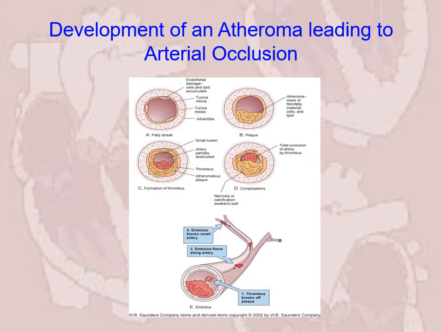And so the tunica intima is the innermost layer, which contains the endothelium. That's simple squamous epithelium. The tunica media is the smooth muscle that's involved with vasoconstriction and vasodilation. And the adventitia is the outermost layer, which is usually a connective tissue layer that anchors that vessel to surrounding tissues.